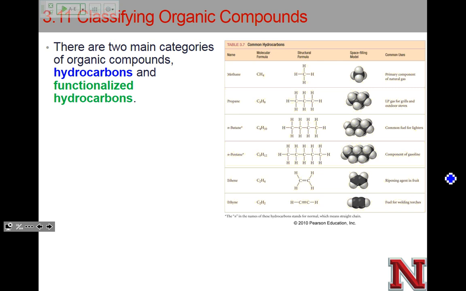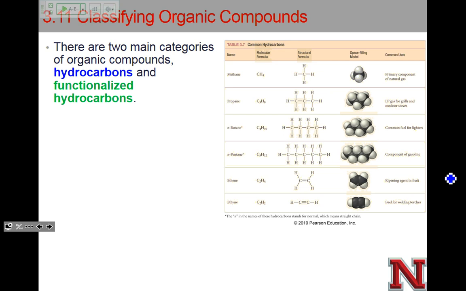So the only thing I want you to know right now is when we talk about organic compounds and you hear the term hydrocarbon, and you probably have, especially because global warming is a discussion in a lot of things, you hear hydrocarbon a lot, because hydrocarbons are found in oils, and we burn them for fuel. Hydrocarbons are simply compounds that contain only hydrogen and carbon, hence hydrocarbon. And again, we can have a bunch of different molecules.